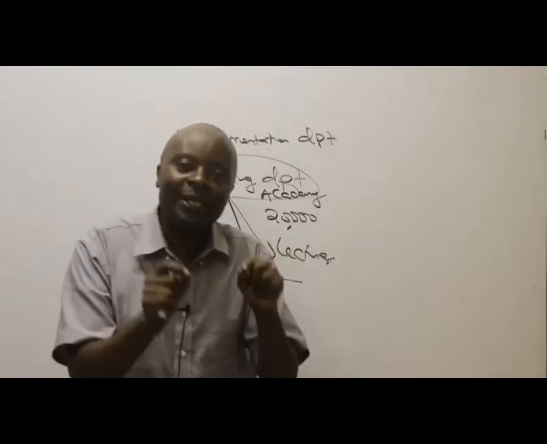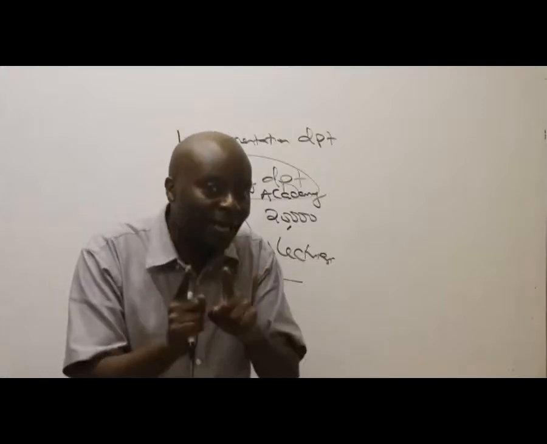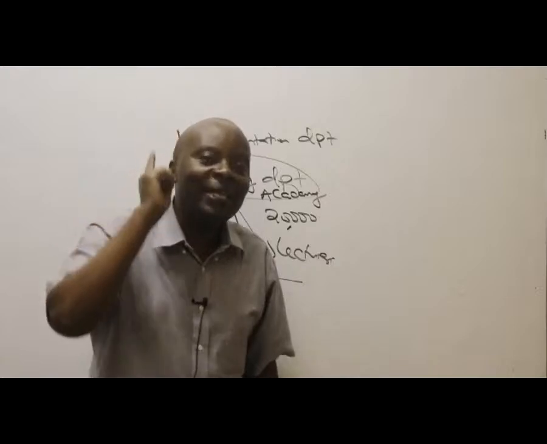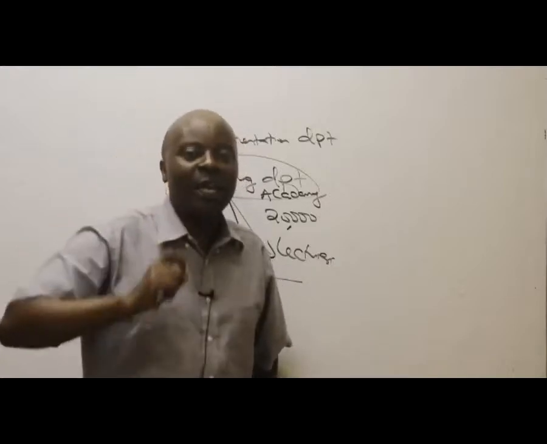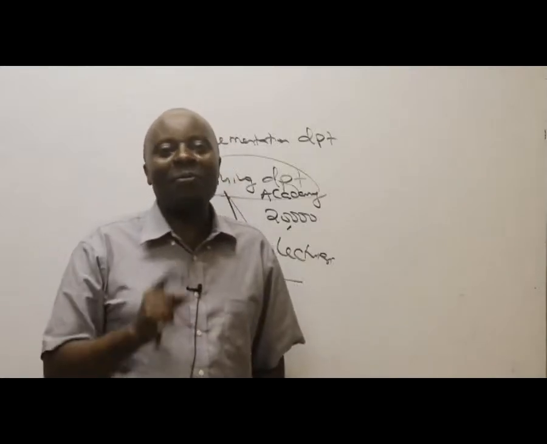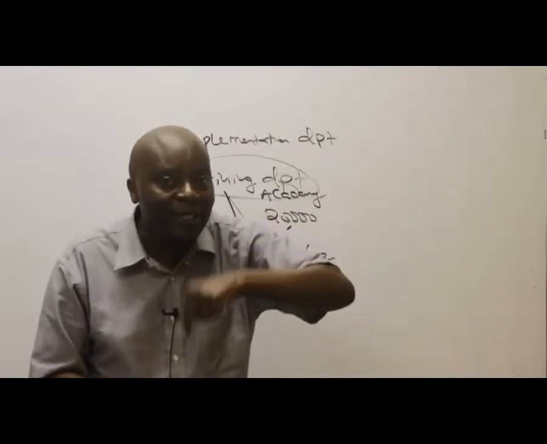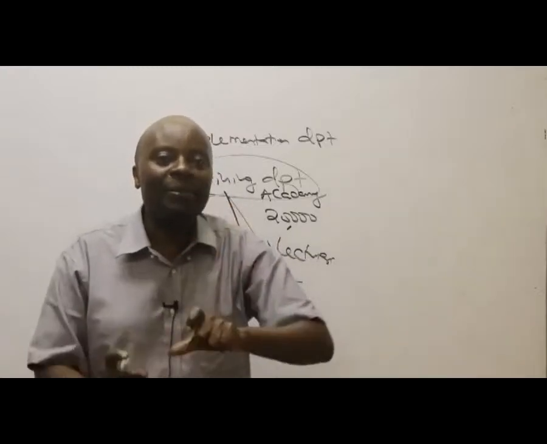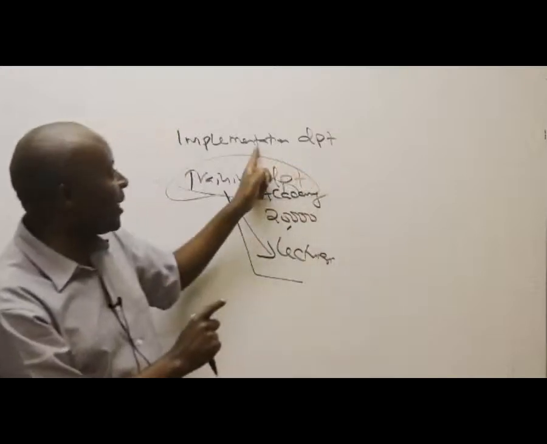The thing is, ladies and gentlemen, for you to be seen to be an operating segment, you must be making your own revenues. You must be having your own expenses, meaning that you must be having your own operating profits, and the decision makers must be having an interest in seeing that particular segment growing. You must be giving reports to them. You must be doing your own budget to them. At the same time, these guys are also doing their own.